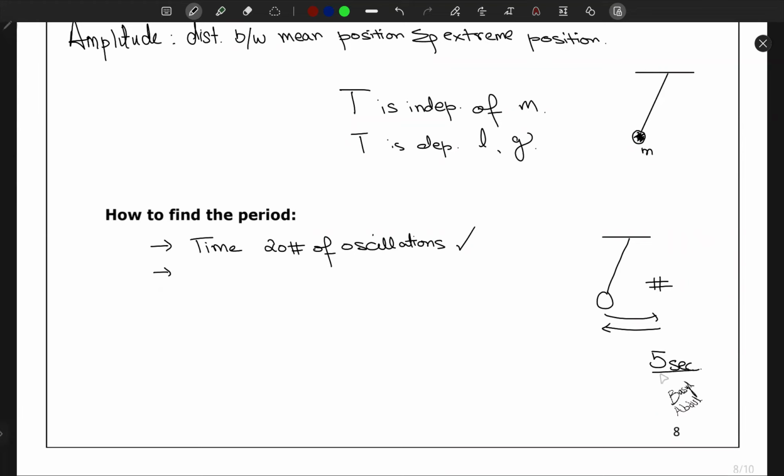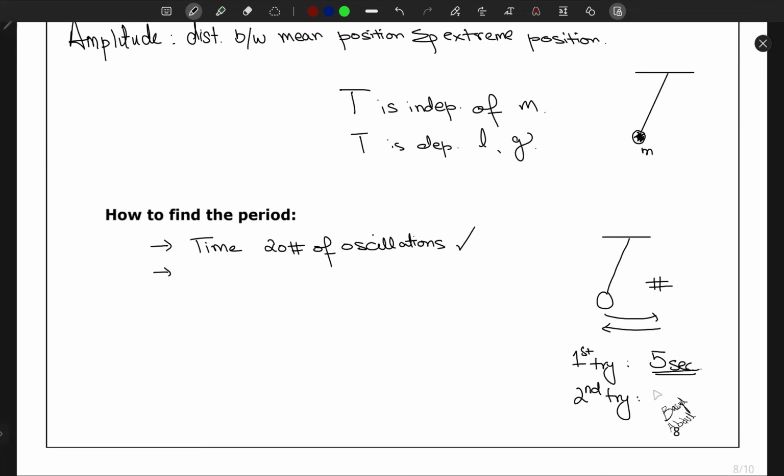So this was the first try, and you got 5 seconds. You do the same thing again, to reduce the errors. You will do another try, you start the oscillations, and the oscillations happen.